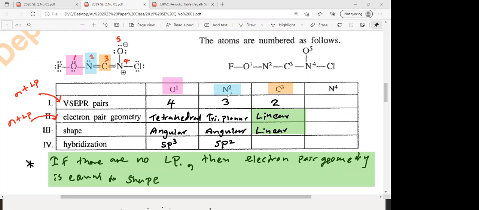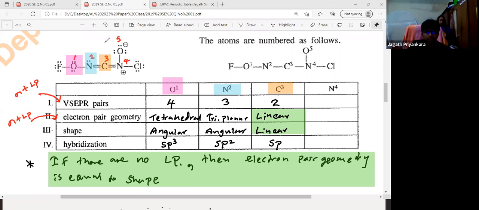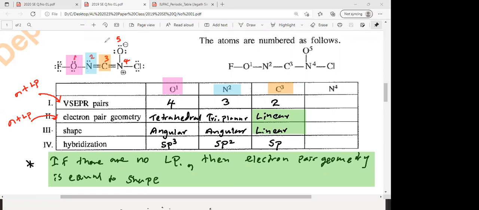Then hybridization, sp, right? Hybridization will be sp. Okay, right.